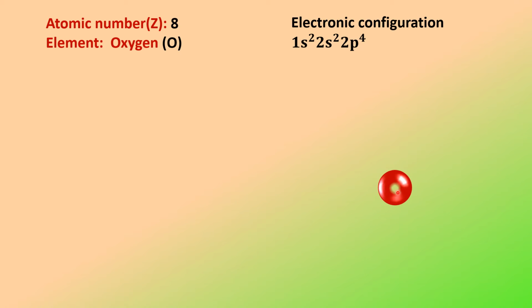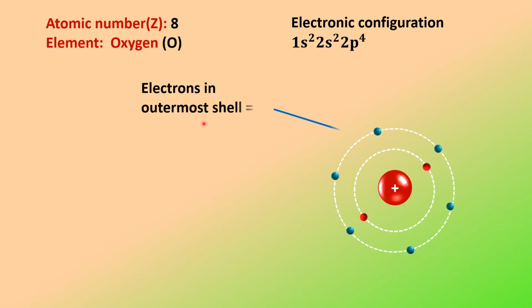This is the oxygen nucleus, and this is the first shell and this is the second shell. So first shell has 2 electrons and second shell has 2 plus 4, 6 electrons. 1, 2, 3, 4, 5 and 6. Now we'll write the dot structure.